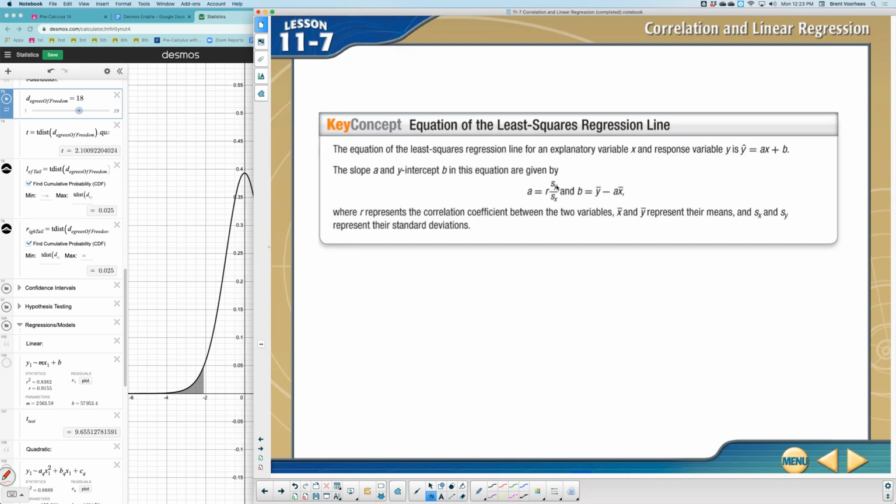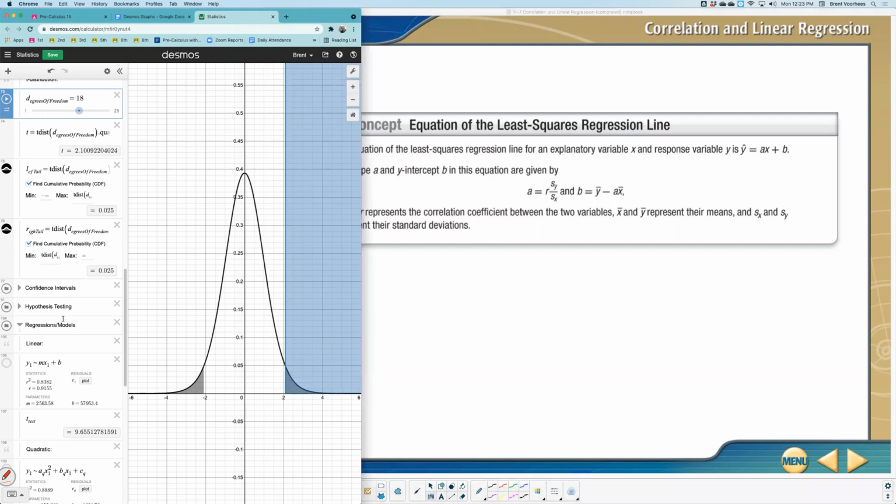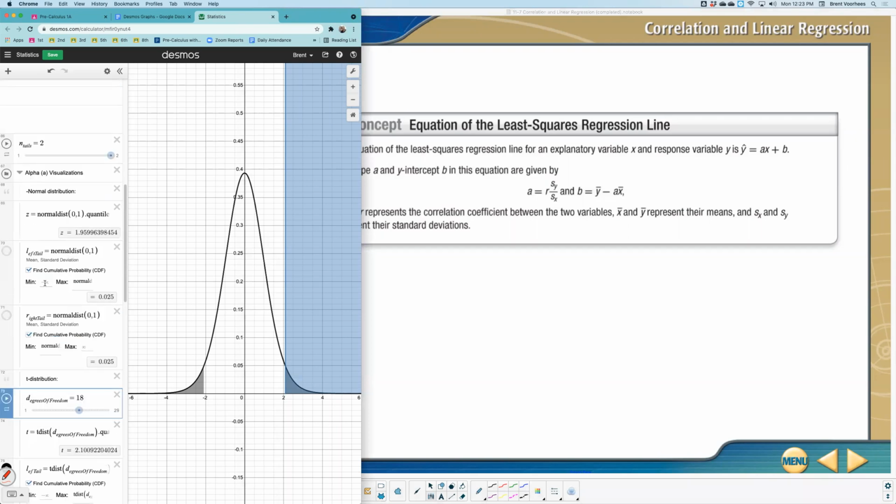If you think about the slope being rise over run, it's the standard deviation of the rise, the y values, divided by the standard deviation of the run, the x values, multiplied by the correlation coefficient. And the b value would be the mean y value minus the slope times the mean of the x data set.